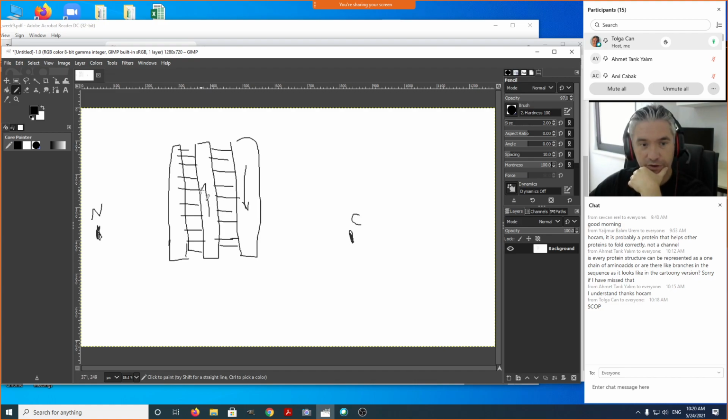Or I can have something like this. Look at this. The sequence may come here, there's a connector here and another connector here, and it may end like this. So the protein may look something like that.